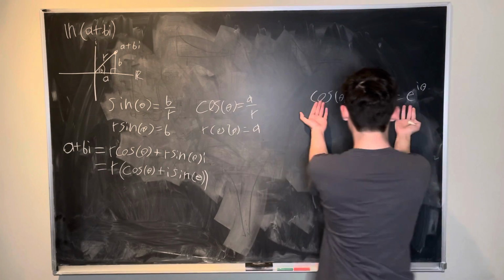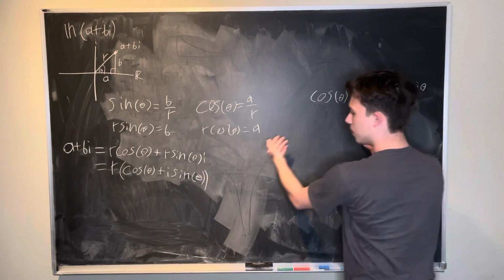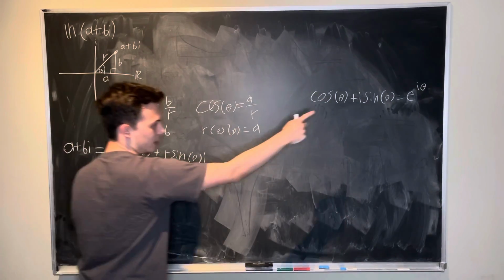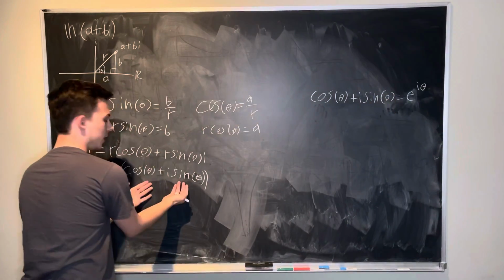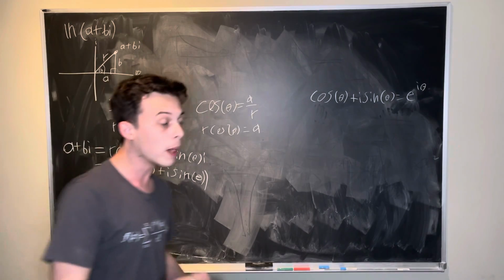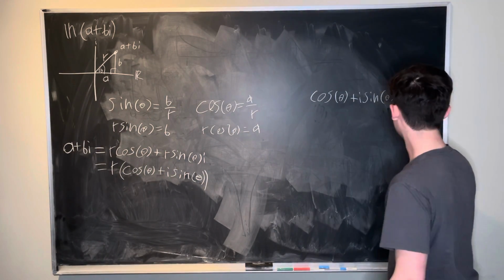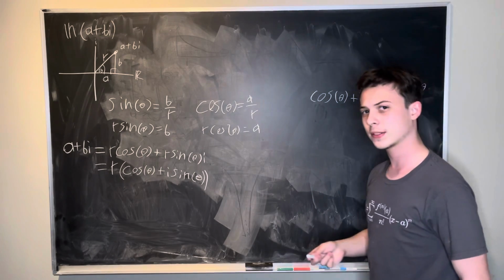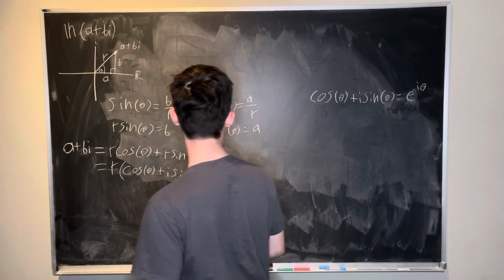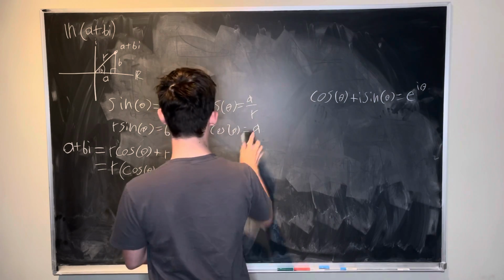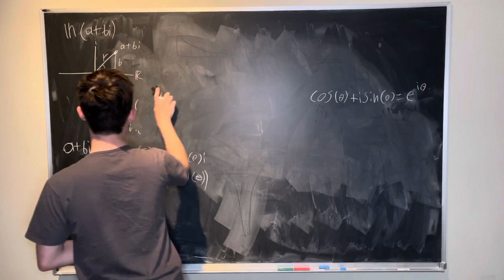So we can take this and realize that it's the same thing and take our e to the i theta and plug it in for this. I have a video up with a proof of this formula, and it's a very useful one and one of my favorites in mathematics. So I'll plug that in. I'm going to go ahead and erase this part because we don't need it at this point.